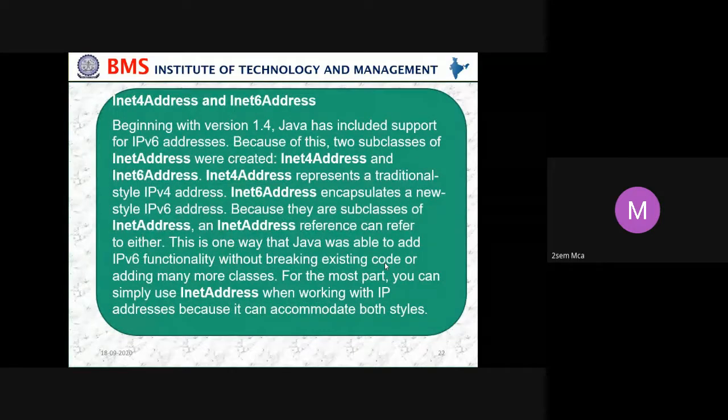Next we move on to Inet4Address and Inet6Address. Beginning with version 1.4, Java has included support for IPv6 addresses. Because of this, two subclasses of InetAddress were created, that is Inet4Address and Inet6Address. Inet4Address represents the traditional style of IPv4 addresses, and Inet6Address encapsulates the new style, that is IPv6 addresses.